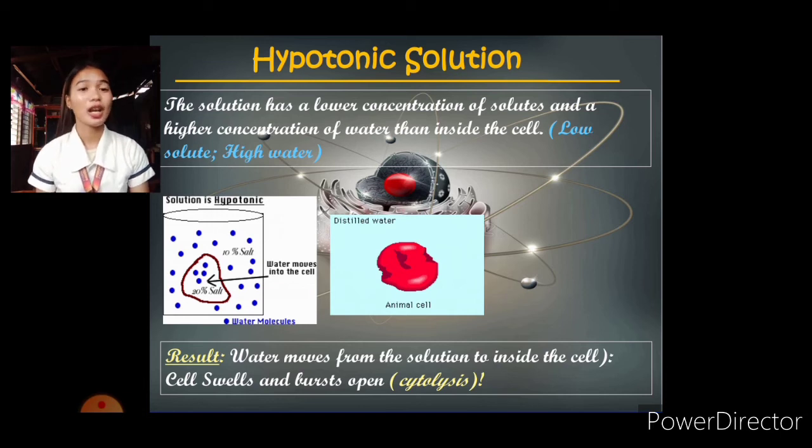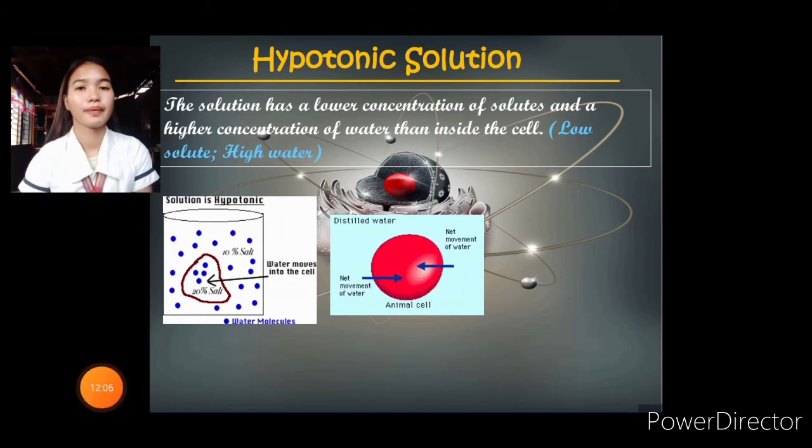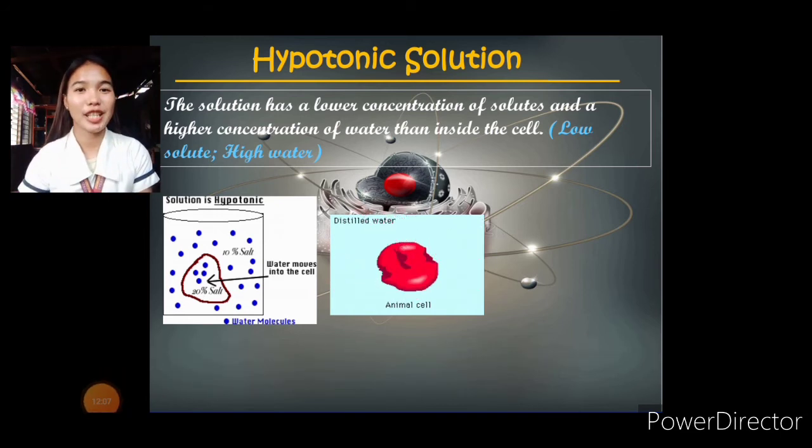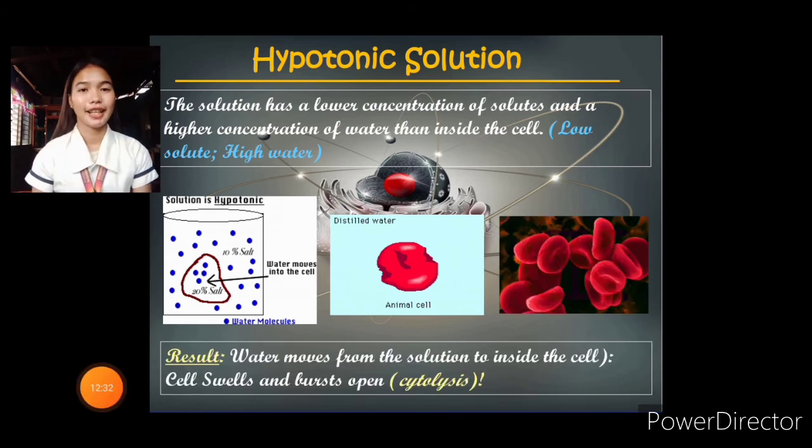The result: water moves from the solution to inside the cell. Later on, the cell swells and bursts open. As you can observe in the figure, the cell swells and bursts open. This is called cytolysis.